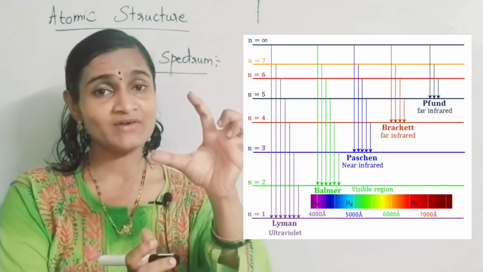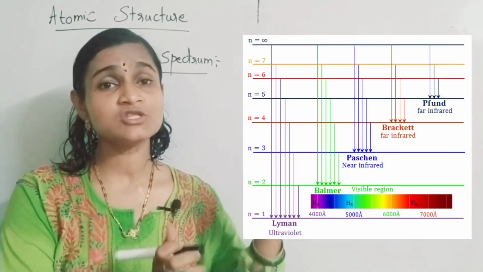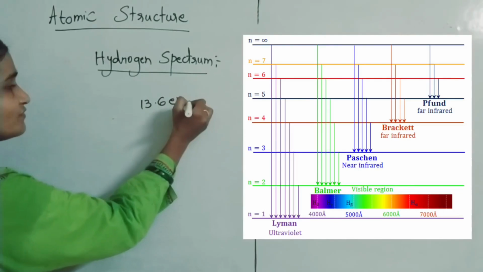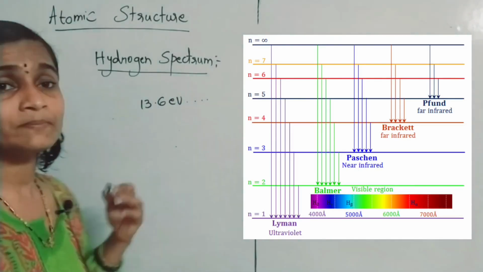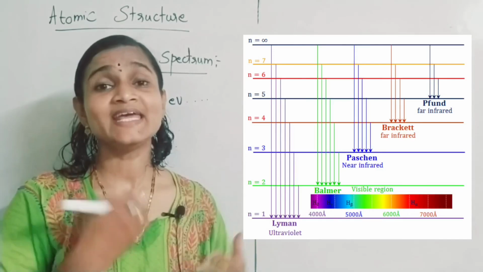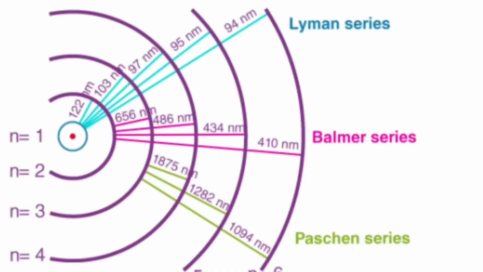If you take a sample of hydrogen gas and you heat it by providing 13.6 electron volts of energy, then you will find the excitation of electrons. Electrons get excited and go to the higher energy levels. This we have already discussed.